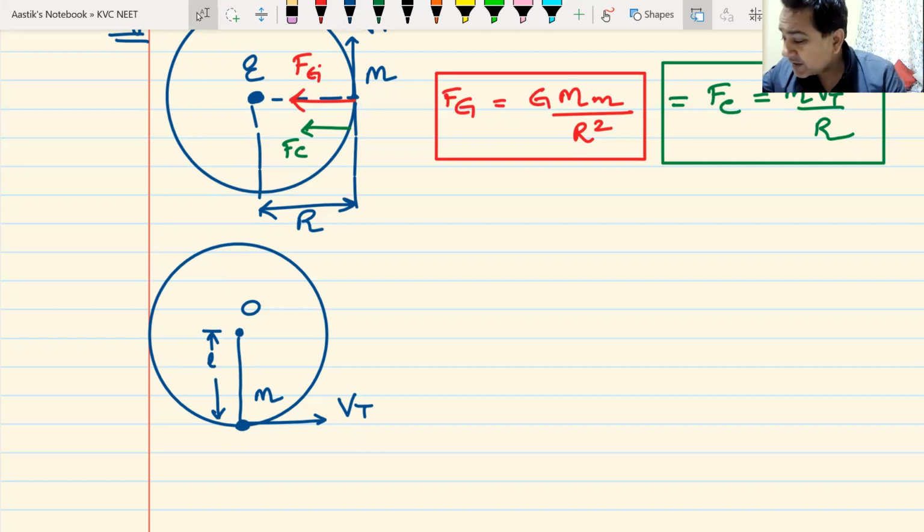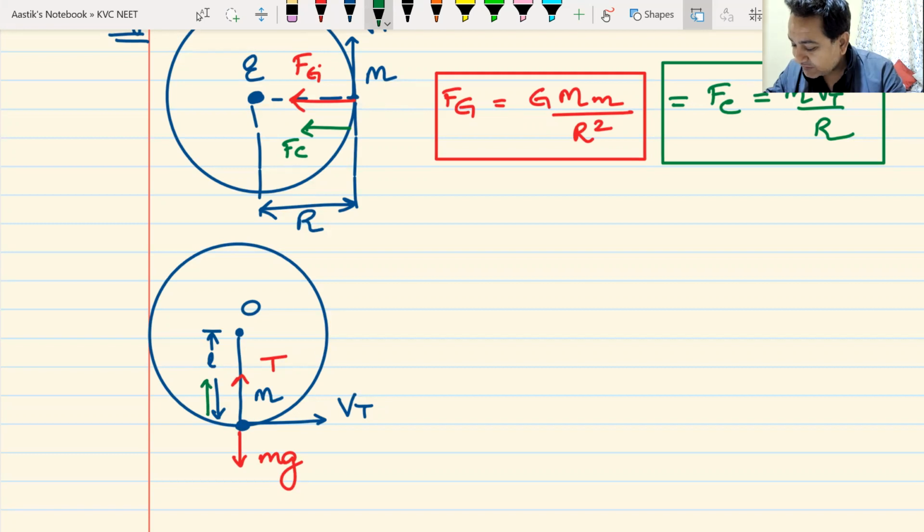If I draw the free body diagram of this body, mg is downwards, tension T is upwards, and now you know, which force is giving it the required centripetal force right now at this point in time? Can anyone tell me that?